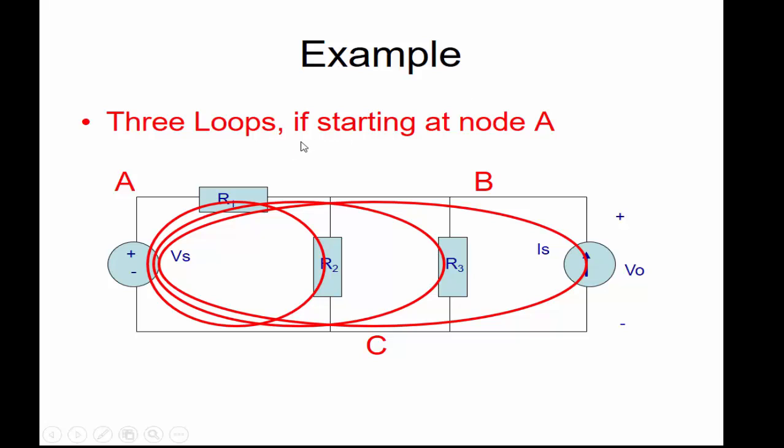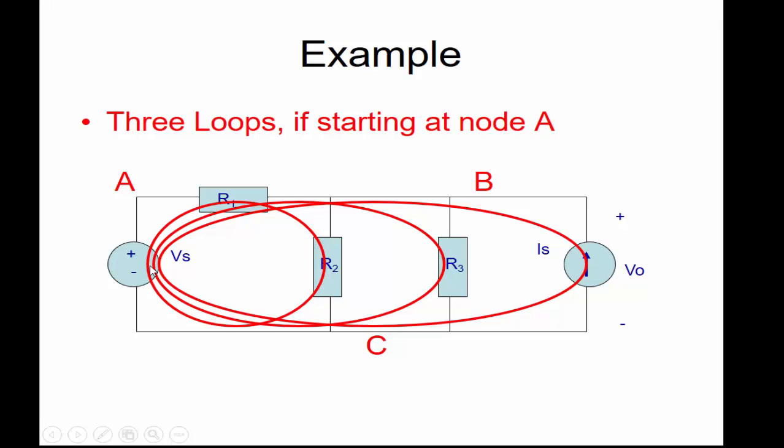Actually, there are more than 3 loops if you consider the internal loops. If I start from A, for example, I could have this one loop going like this, returning to A as 1. And if I look at A again, I can also have this inside loop that goes like this, and again I return to A.